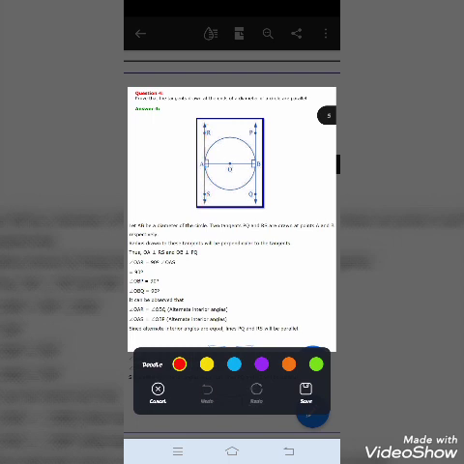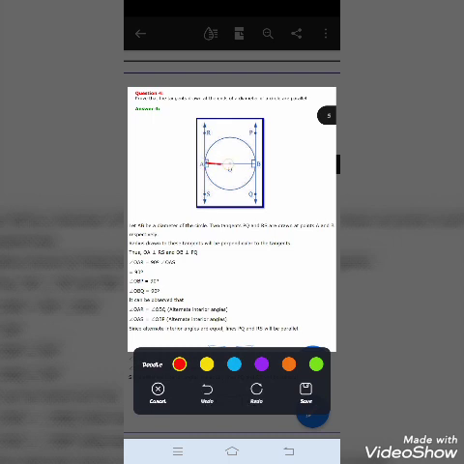Now let AB be a diameter. Of course it is a diameter because it passes through the center O. So AB is a diameter of the circle, and the two tangents, PQ and RS, are drawn at points A and B respectively. The radius drawn to these tangents will be perpendicular to the tangent.